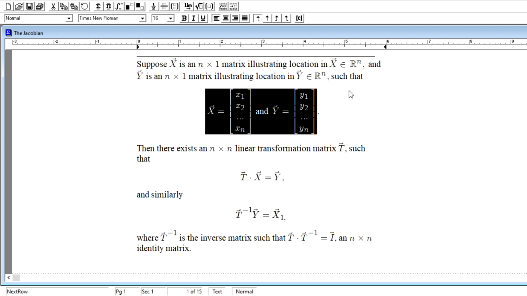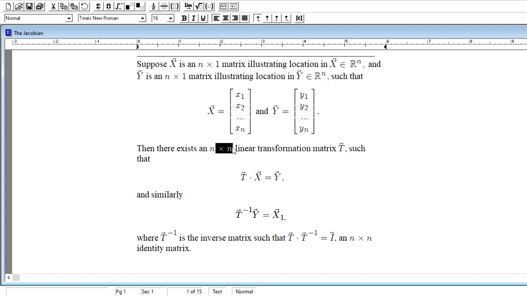If these are our assumptions, then there exists this n by n linear transformation matrix, we call it T bar, or matrix T, such that when matrix T is multiplied in a matrix product with matrix X, it equals matrix Y. And similarly, there exists what's called the inverse of matrix T, that's T with a superscript -1, times matrix Y.